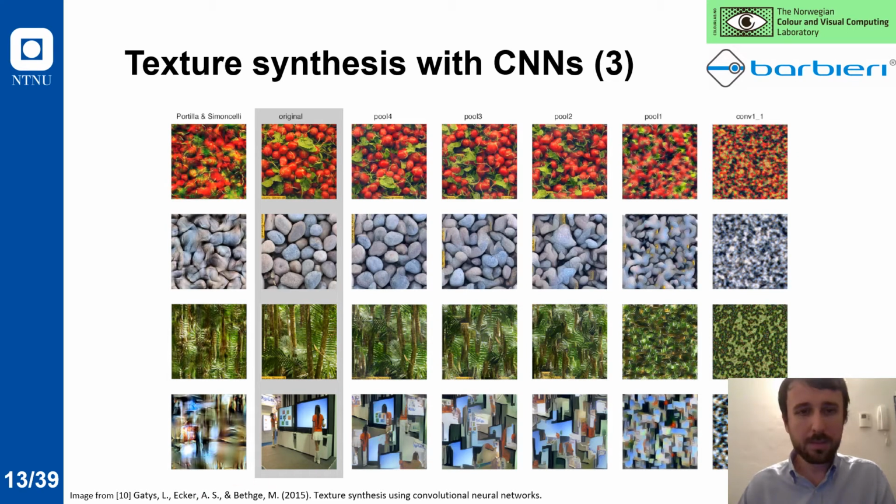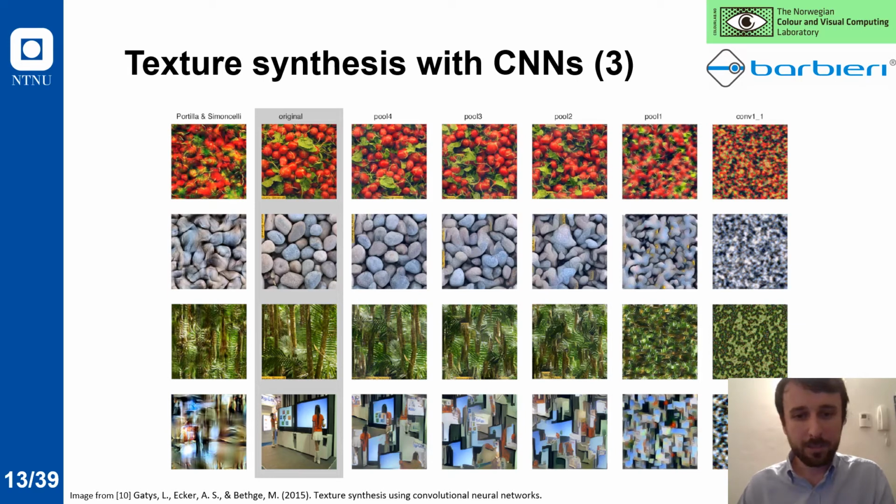The results of this process are shown here. The various original images are shown in the second column. In the first column, you can see the results obtained by Portilla and Simoncelli's algorithm, which is the most successful parametric texture synthesis approach, while on the right you can see the outputs of various pooling stages of Gatys' CNN.